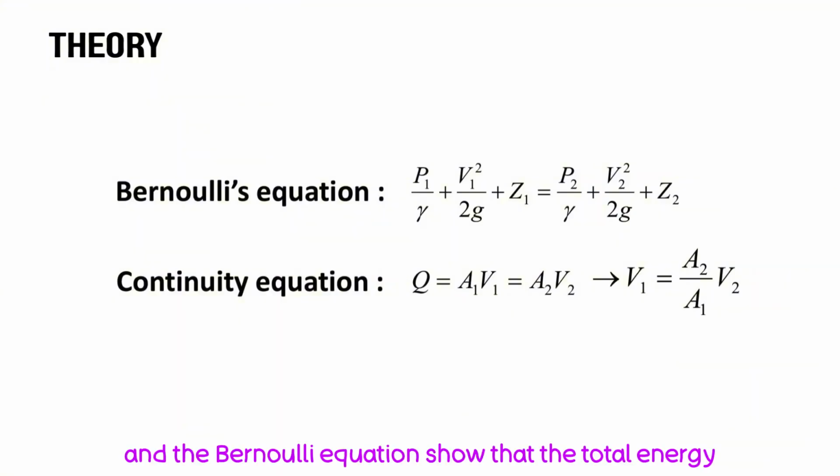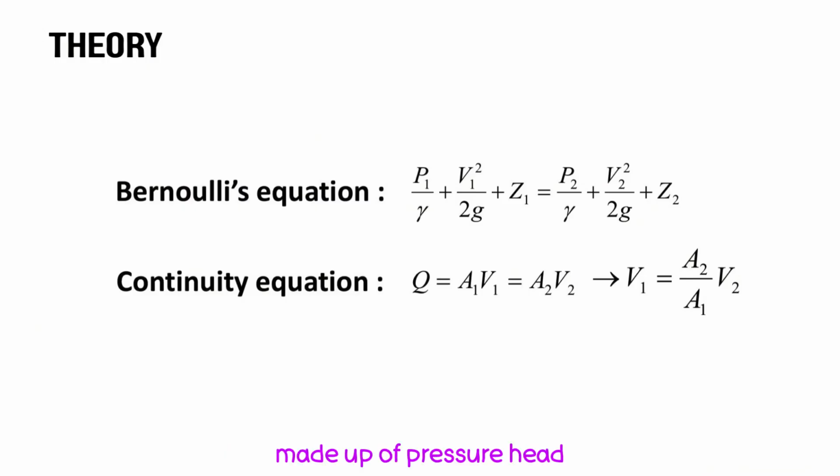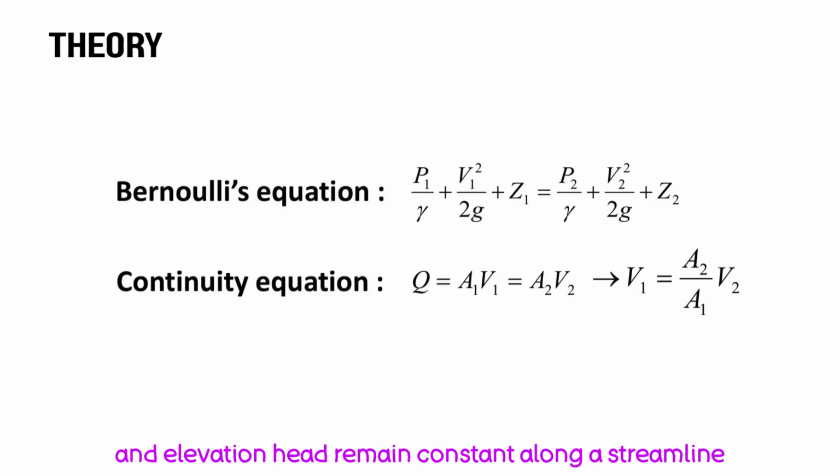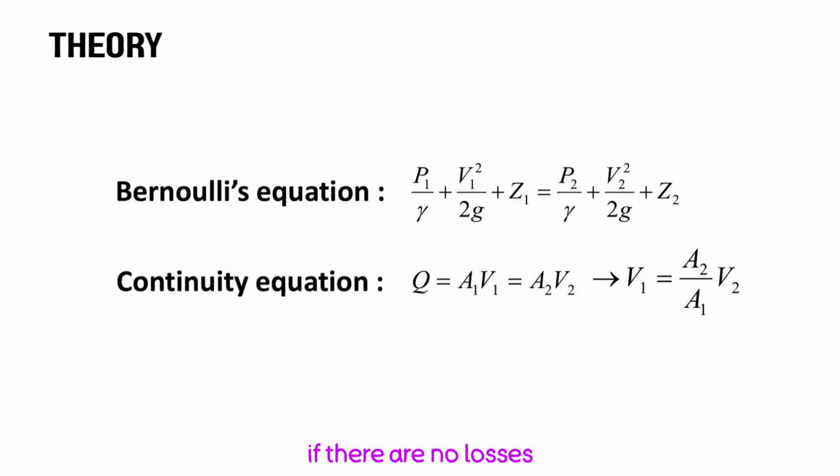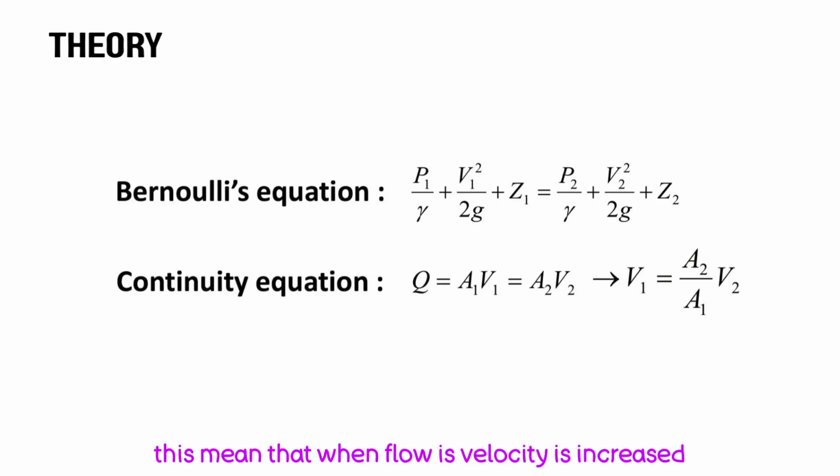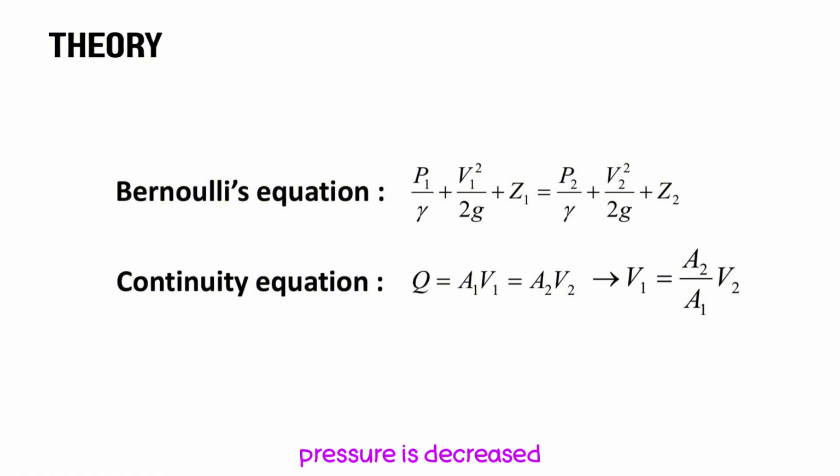And the Bernoulli equation shows that the total energy, made up of pressure head, velocity head, and elevation head, remains constant along a streamline if there are no losses. This means that when the fluid's velocity increases, pressure decreases. These two equations form the basis for all three flow meters we use in this experiment.